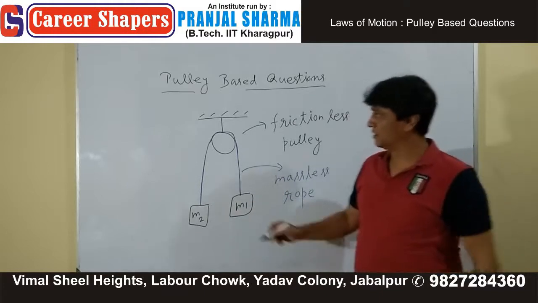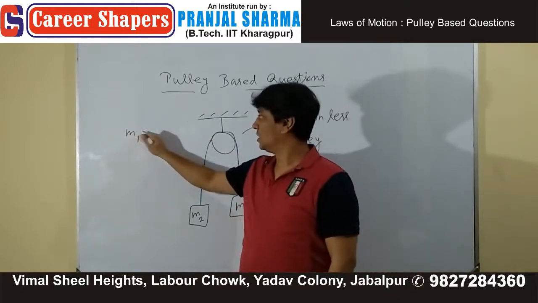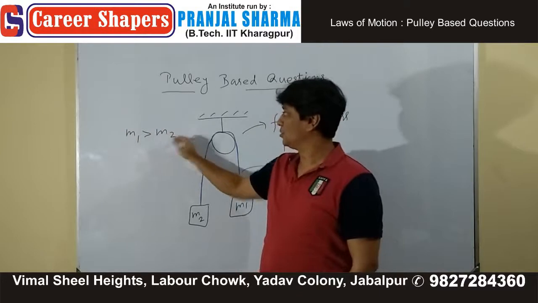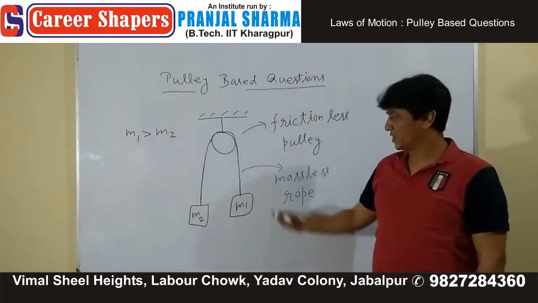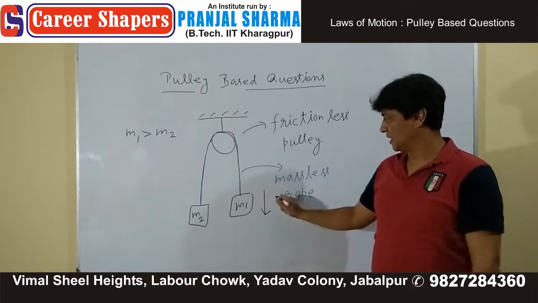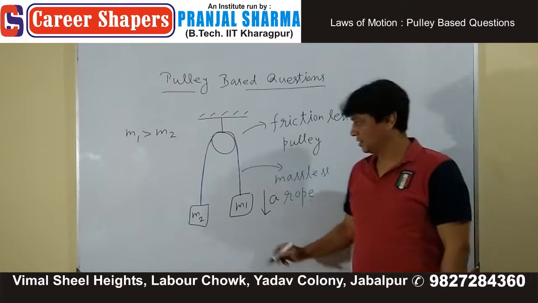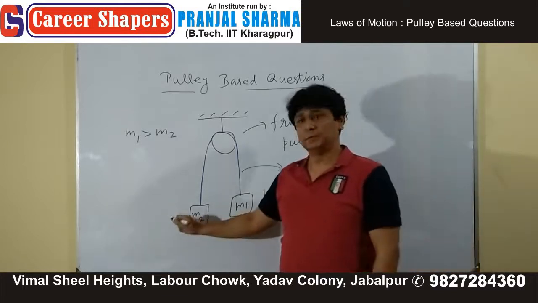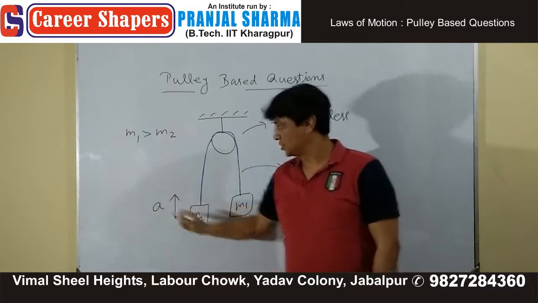And we have been given that m1 is greater than m2. This one is heavy. If this one is heavy, you can all feel it, that it will go down with an acceleration of a, and this one is going to go up with an acceleration of a.